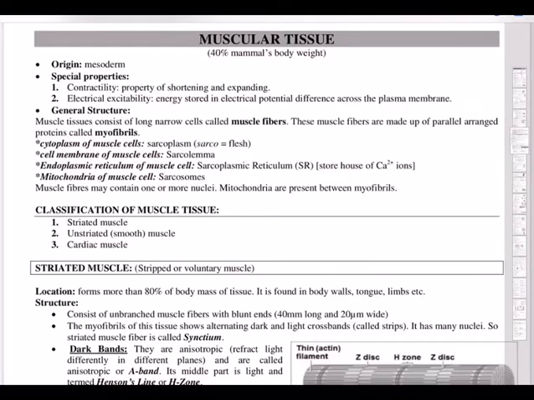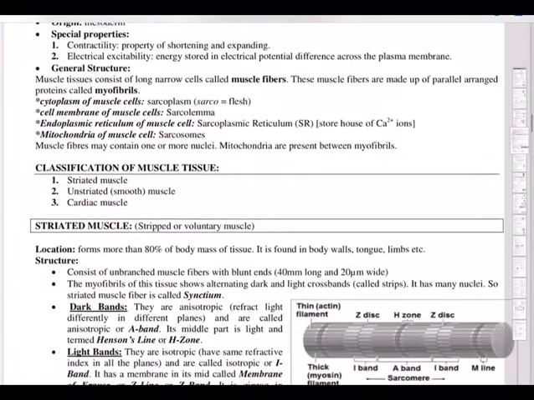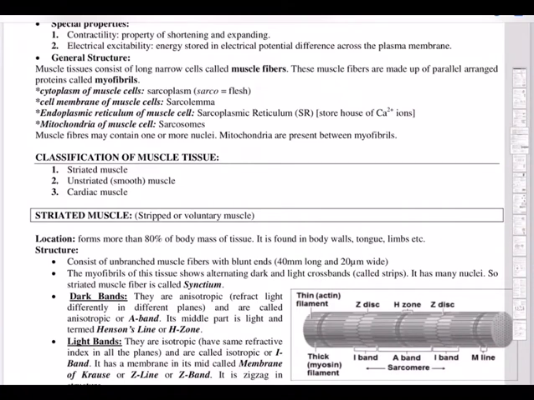So remember, muscle cells are called myocytes, and based on the structure, muscle tissue is differentiated into three types. Striated muscles, we also call it skeletal muscles. Unstriated muscles or smooth muscles. And third, cardiac muscle.